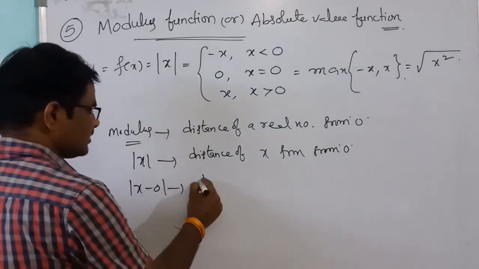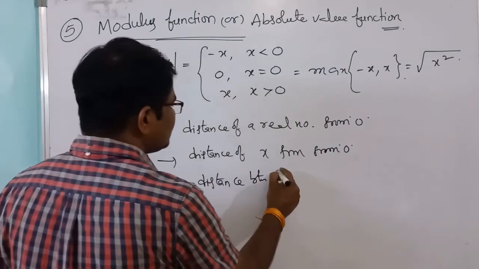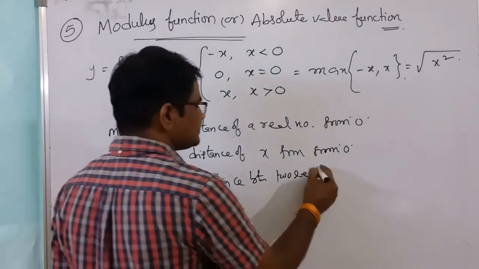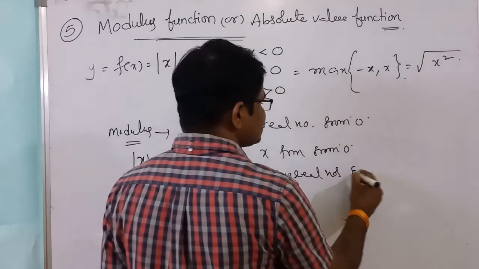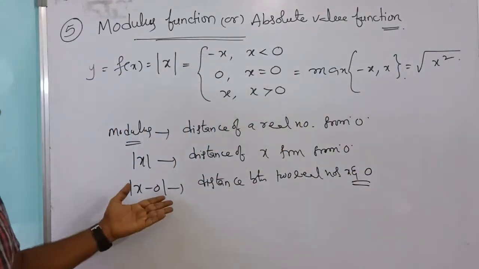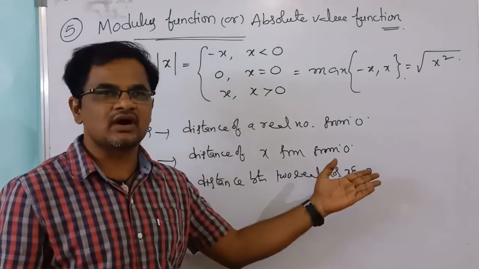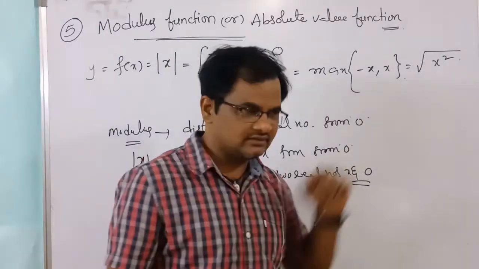Suppose you take it like this, the distance between two real numbers x and 0. Modulus of x minus 0 is nothing but the distance between two real numbers x and 0 on the real number line.